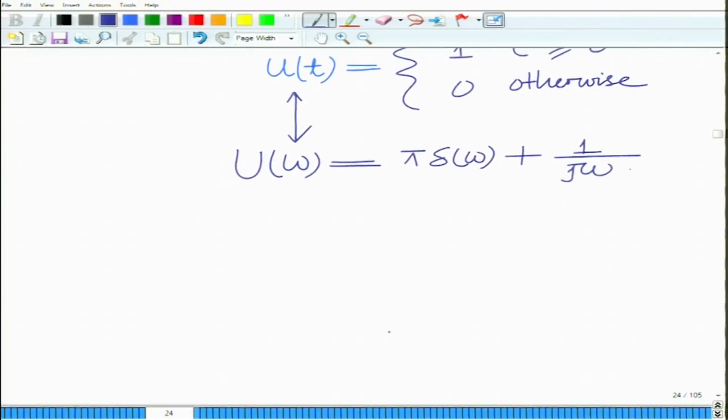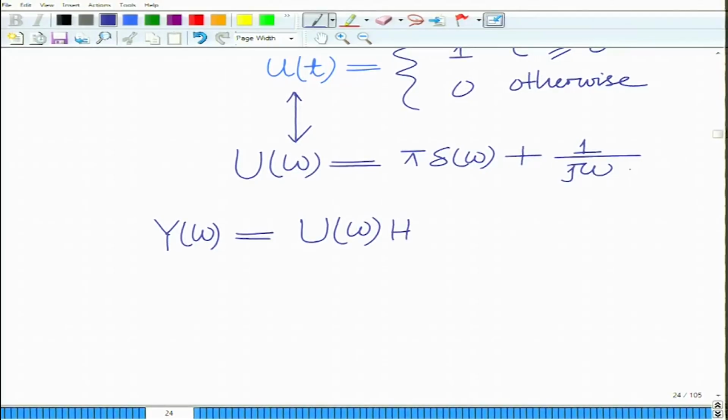And therefore, we have Y(omega), the output corresponding to the unit step input, is the Fourier transform of the input, that is U(omega), times the transfer function H(omega), okay. That gives us the output of this system corresponding to the unit step input signal.